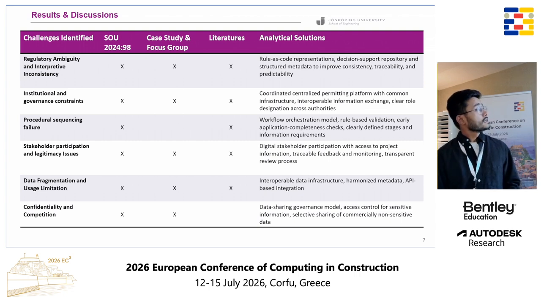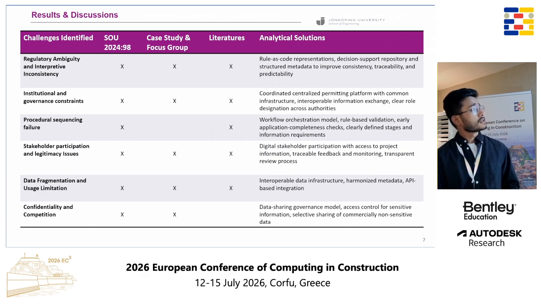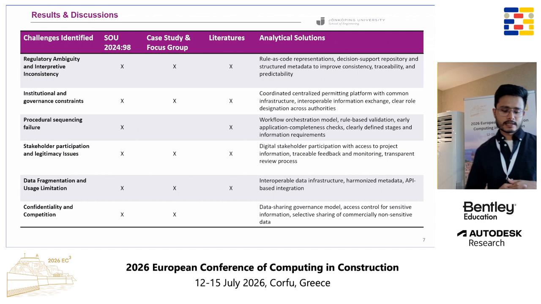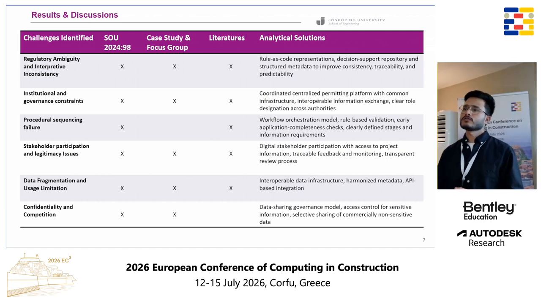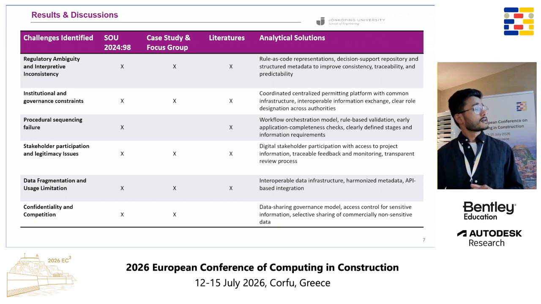So this is the result. We classified into, as I said, 6 different codes. And in these 6 different codes, it reflects heavy manual interpretation, document-based exchanges, and those kinds of manual work.